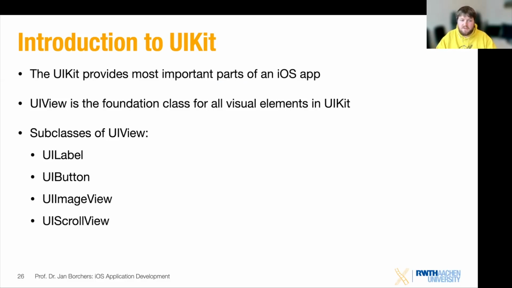For UIKit, UIView is the starting point for everything visual that you see on your screen. So all the different elements that we, for example, also saw yesterday, like UILabel and UIButton, are all subclasses of UIView. And there are quite a number of views that come directly with storyboards, with the Interface Builder, that you can directly use to lay out your app.